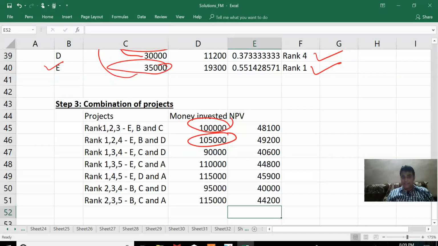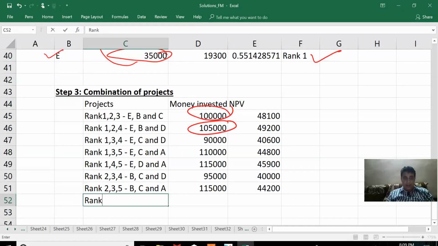So 123, 124, 125, 134, 135, 145, 234, 235, rank 2, 4, 5.